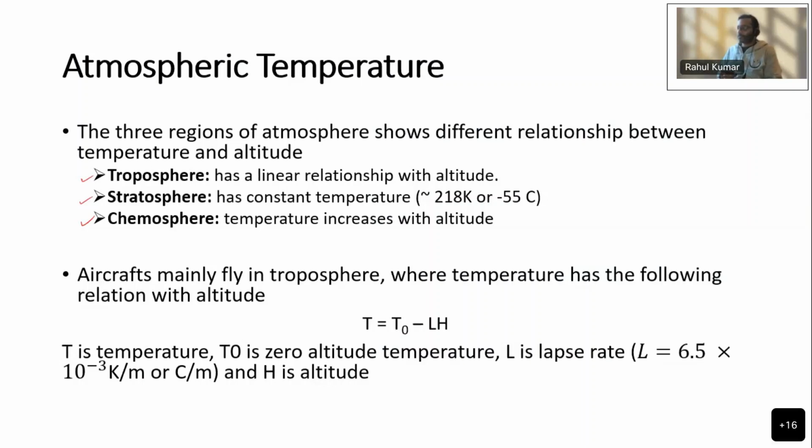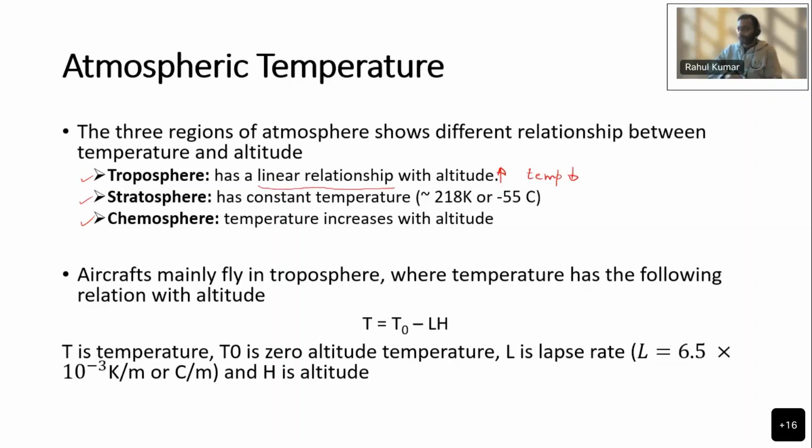The troposphere has a linear relationship with the altitude. As the altitude increases, the temperature decreases in the troposphere.